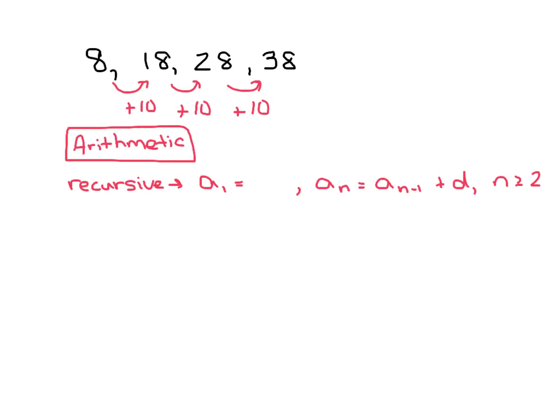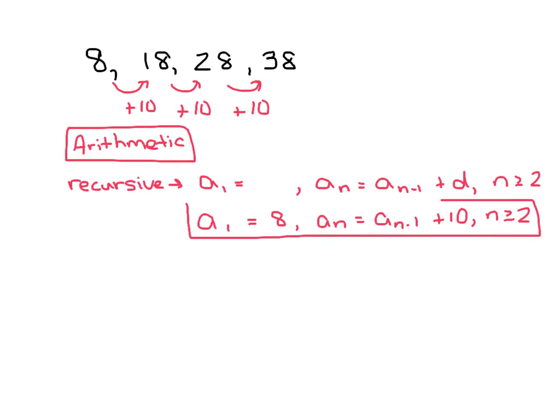And so to fill this in, our first term is 8. And then for any term, we'll look at the previous term and add 10 as long as n is greater than or equal to 2. And that is our recursive arithmetic formula for this sequence.